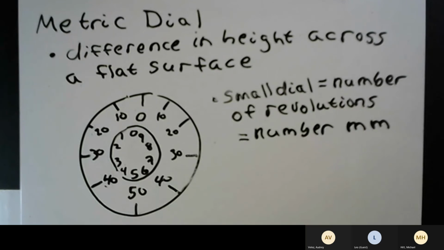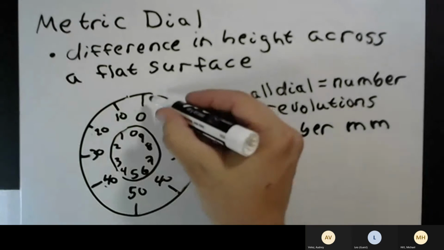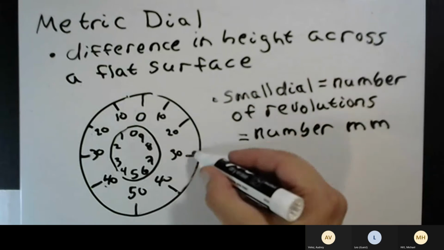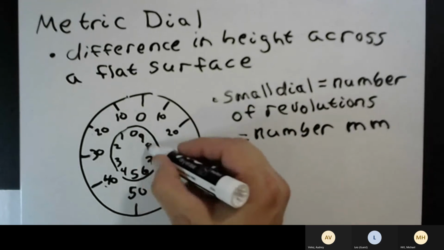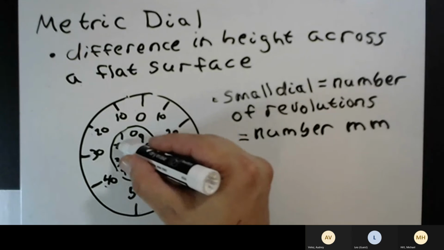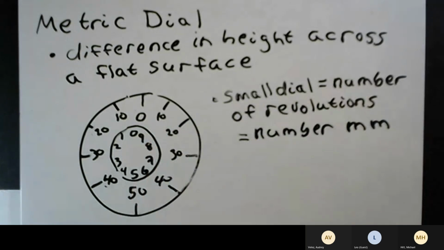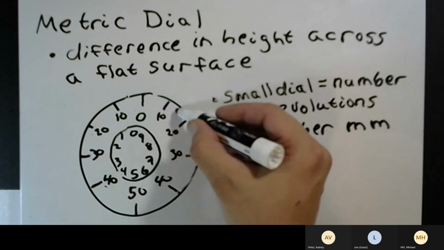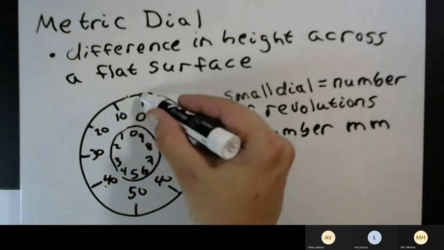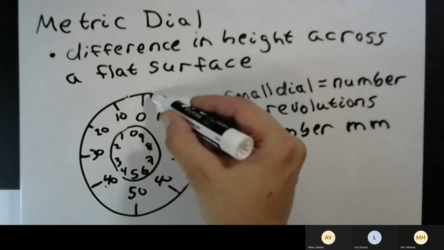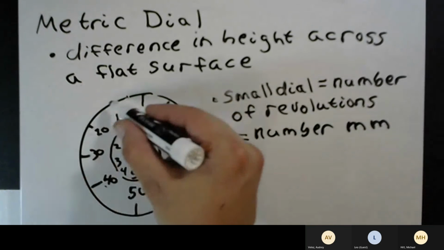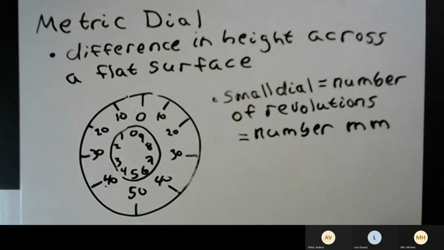Now, this is divided into 100 parts. So this little dial, when it goes around, is telling you how many whole millimeters you have. Then the dial on the outside, we're going to take a millimeter and break it up into 100 parts. So we're measuring hundredths of a millimeter on this outer dial.